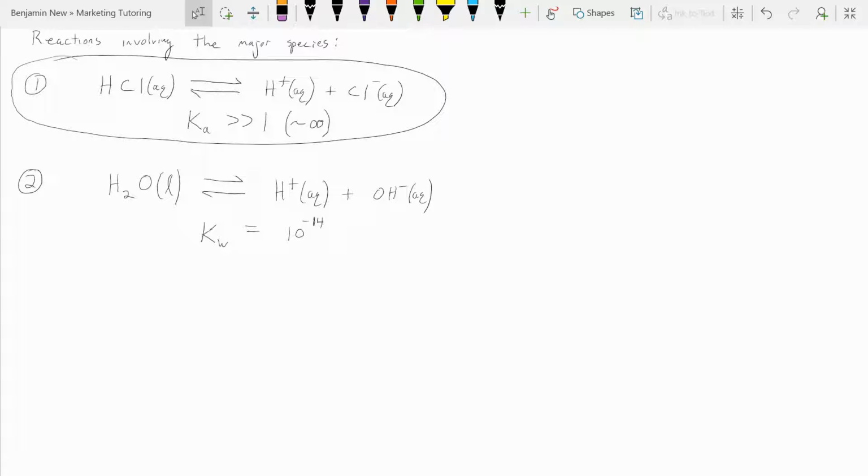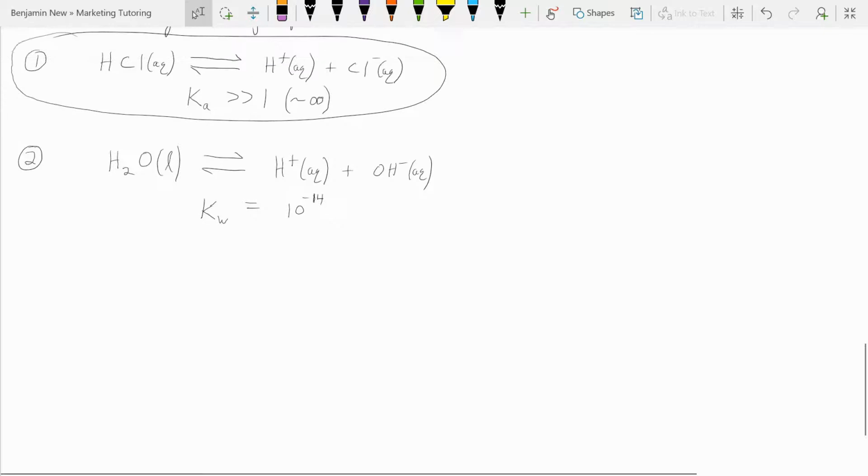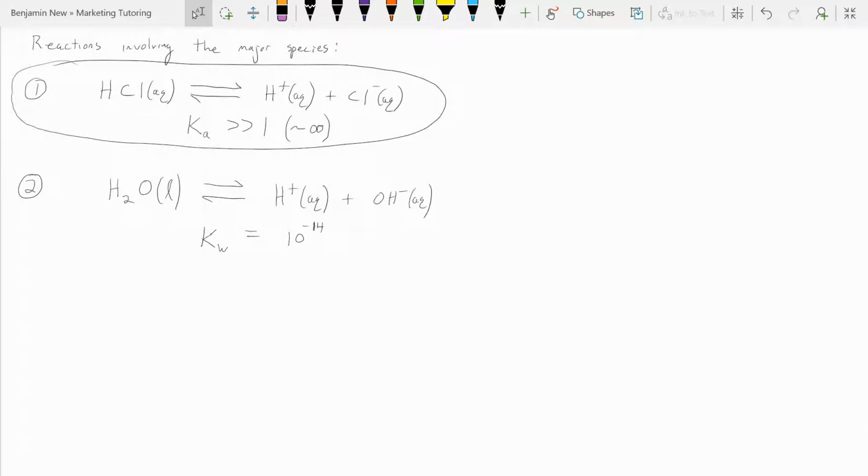So when we have a reaction, in principle, we can just consider it like a reversible reaction, even though I've told you it isn't, but I want to tell you how to think about this so you don't have to remember so many things. So let's rewrite the reaction, HCl aqueous, going to split up into H plus and Cl minus.